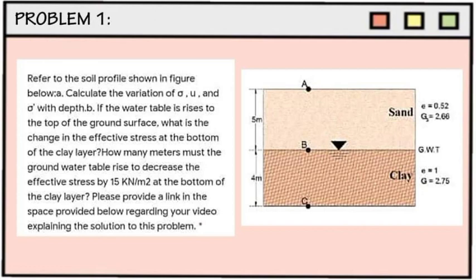And B, if the water table rises to the top of the ground surface, what is the change in the effective stress at the bottom of the clay layer? C, how many meters must the groundwater table rise to decrease the effective stress by 15 kilonewton per meter squared at the bottom of the clay layer?